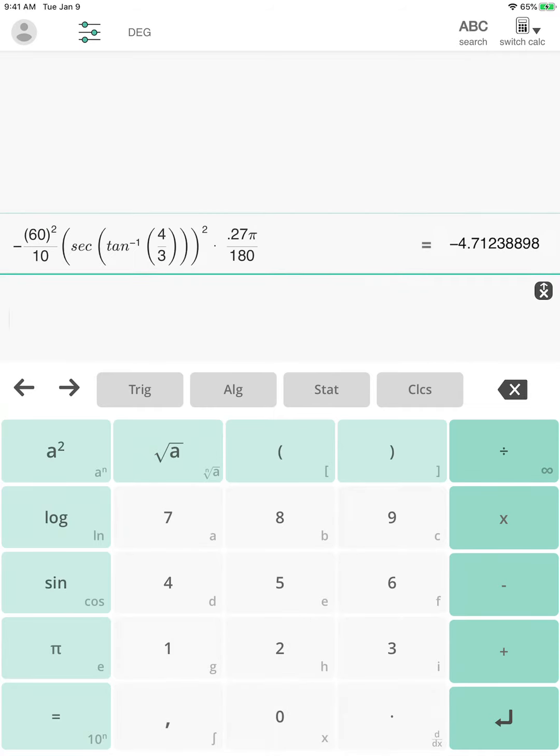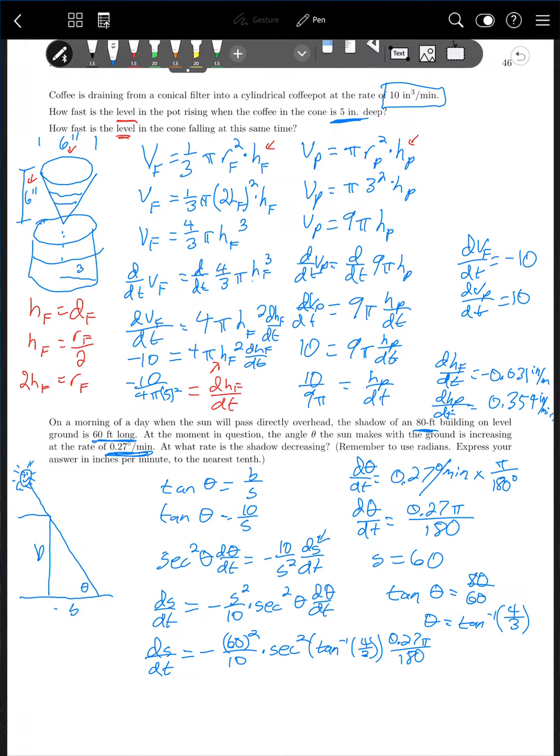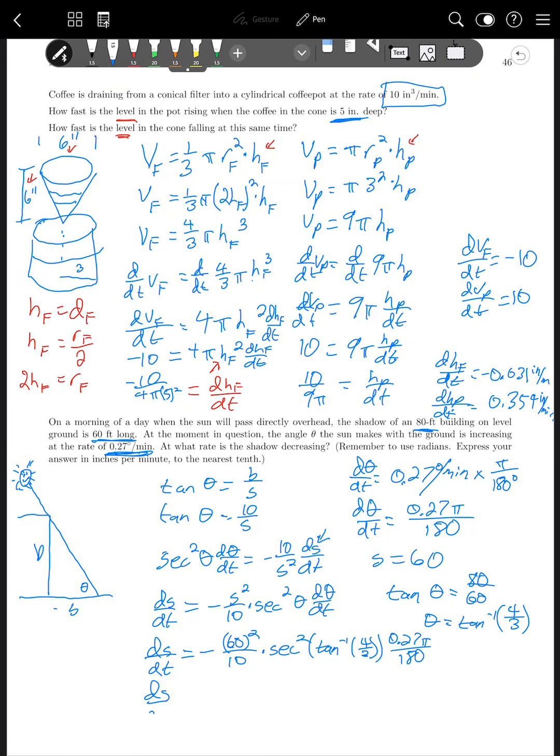And so we get negative 4.712 feet per minute, which seems too big, so I feel like I did something wrong.